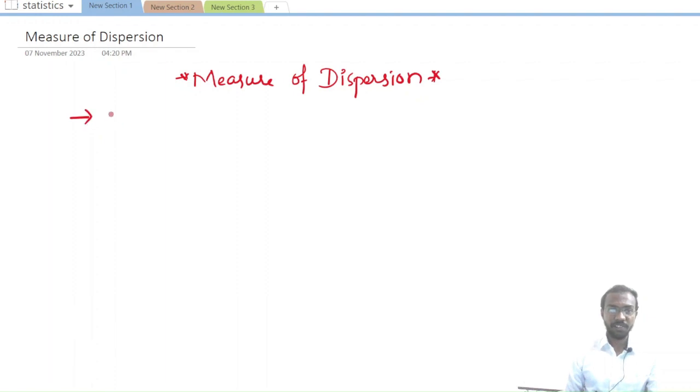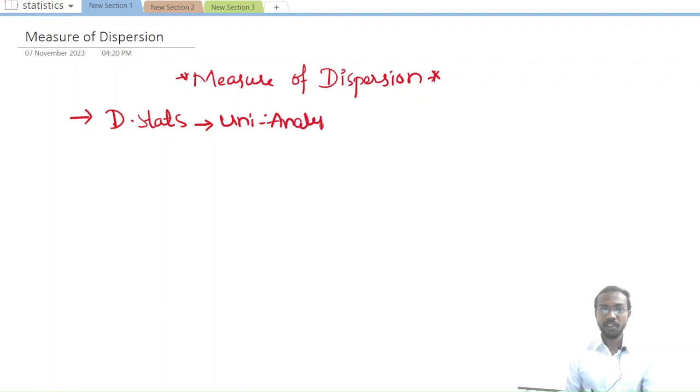Let's recap the previous concepts. Till now we have discussed descriptive stats. In descriptive stats we are doing univariate analysis. For univariate analysis, we are using the descriptive stats category of measure of central tendency.